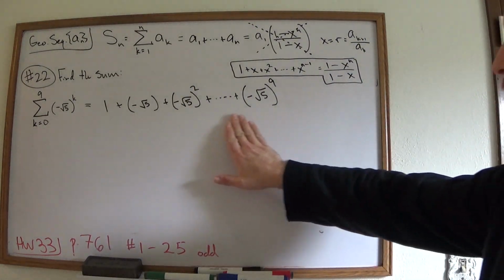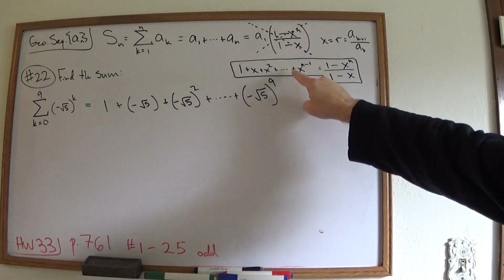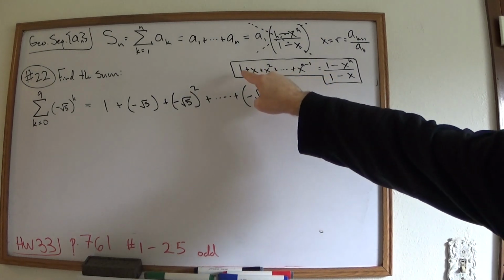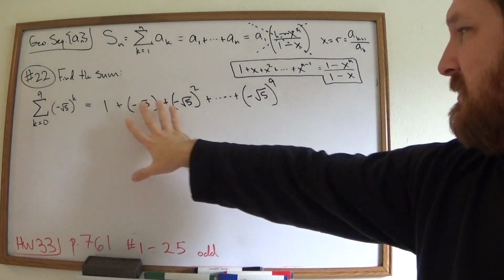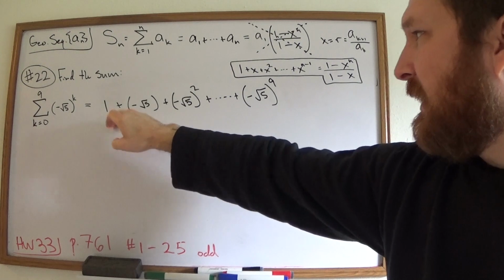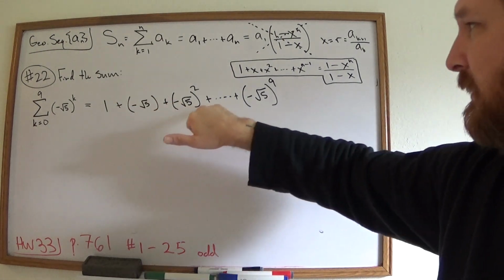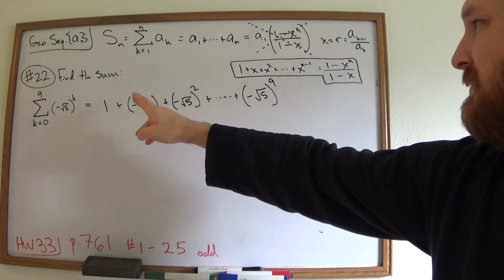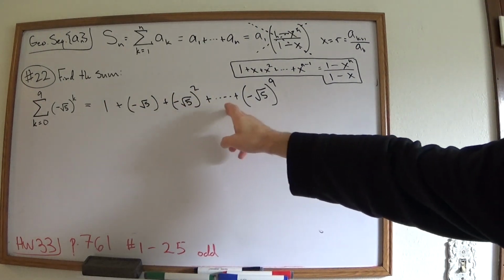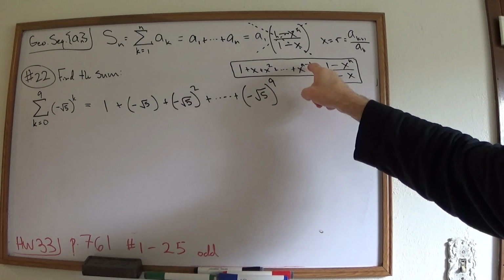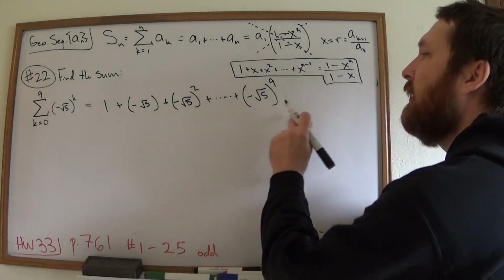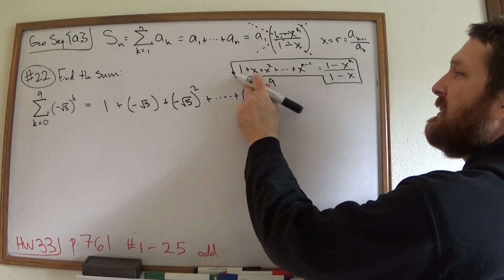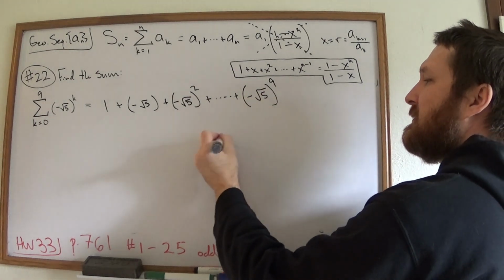And now we are in this place where the sum starts with 1, and it's ascending powers, just like a polynomial, right? 1 plus x plus x squared, and so on, all the way up to x to the 9th.